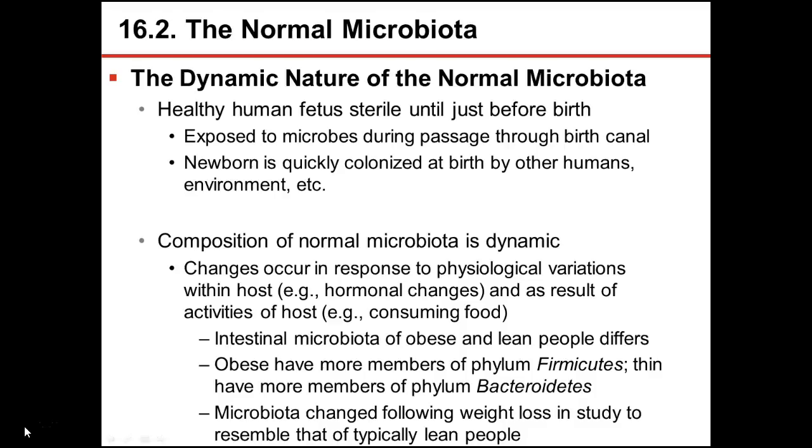It just depends on which bacteria we're talking about. And also your diet can make a huge difference. If you decide to become a vegetarian, you're suddenly not going to have a lot of the microbiota that you might get from consuming meats. And when that occurs, then your normal microbiota is going to be changing.